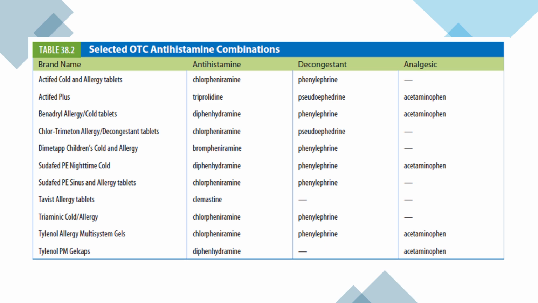Tylenol will have diphenhydramine, however, it could only have acetaminophen, which is an analgesic type of medication. The others could have 3 combinations, while others could only have 2 combinations at most.